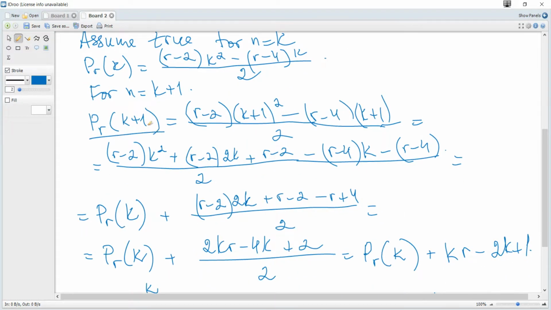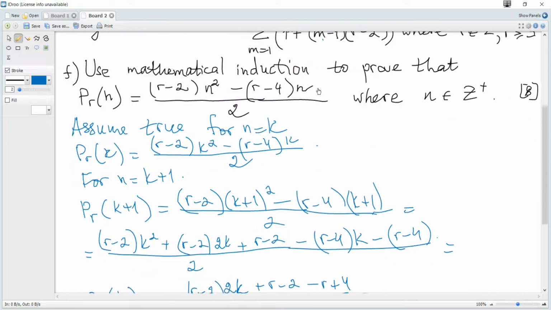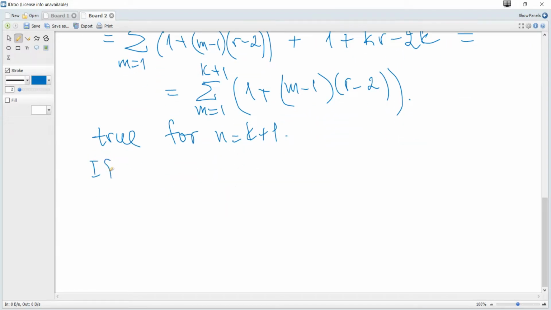So the polygonal number of k plus 1 should be equal to this series, and we can see that it's true. So true for n equals k plus 1, and conclusion: if true for n equals k, true for n equals k plus 1.